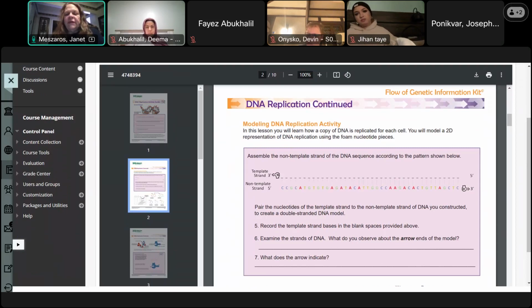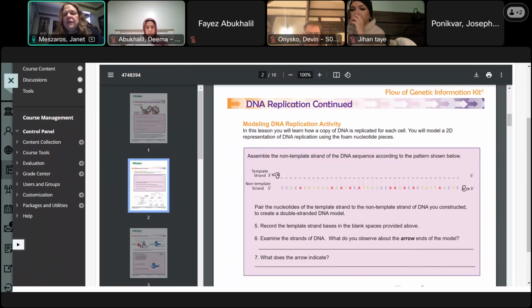But you don't have that, but that's okay. But the template strand starts with 3' on the left and goes 5' all the way on the right. The strand below it is called the non-template strand. That starts with the 5' on the left and goes all the way to 3' on the right.